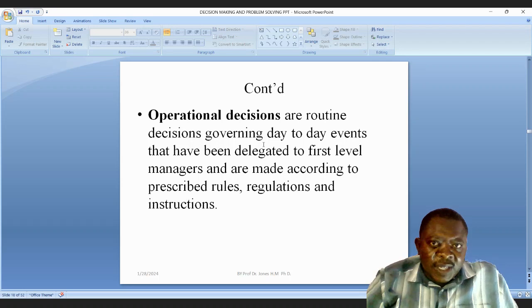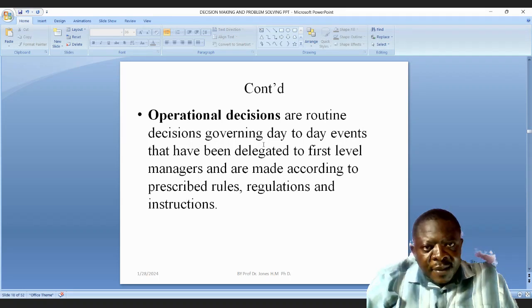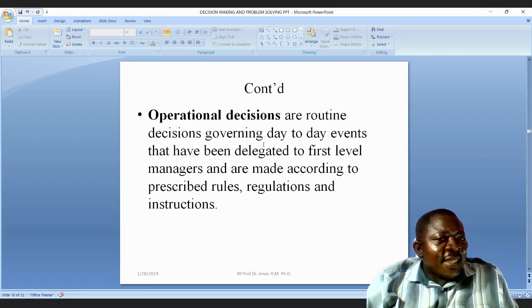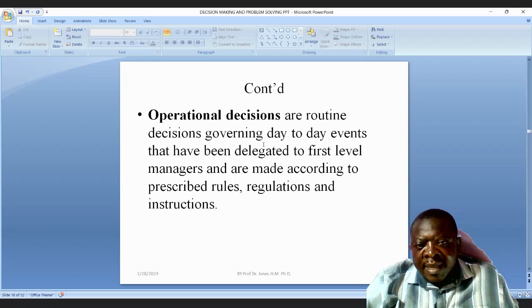Operational decisions are routine decisions governing day-to-day events that have been delegated to first level managers and are made according to prescribed rules, regulations, and instructions, coming from middle management or from top management. So these are the everyday decisions that are made by line managers in the operation of the company.